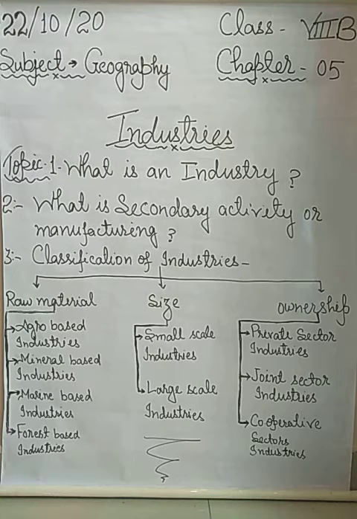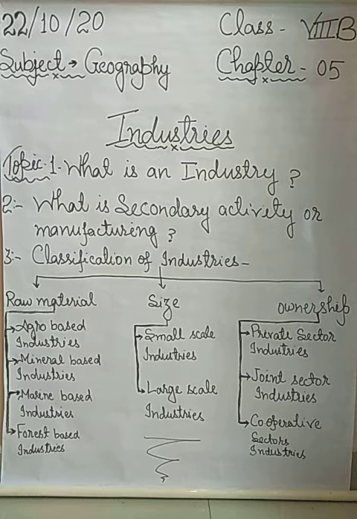So this kind of industries you can see in India also, like silk weaving and food processing industries. But these two industries are examples of small scale industries, and production of automobiles and heavy machineries like Tata Iron and Steel Company is an example of large scale industries of India.